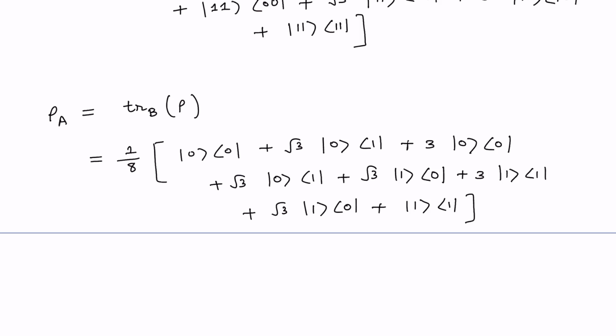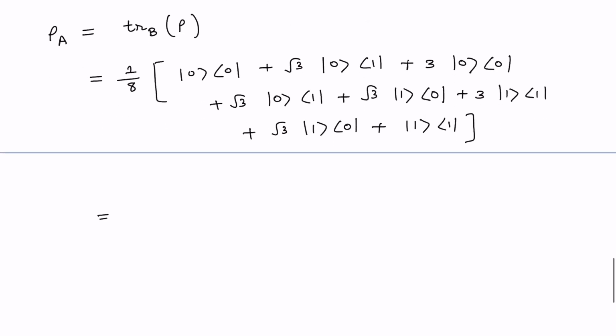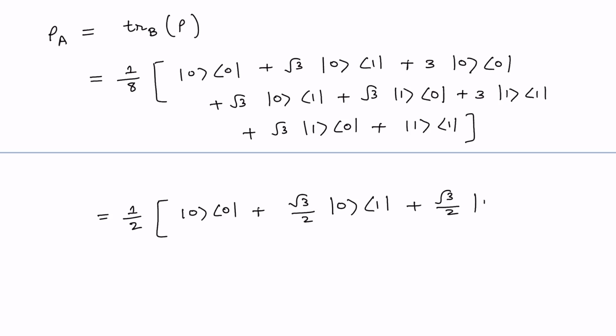So this is what you will have, and if I simplify it, you are going to get 1/2 |0><0| plus root 3 by 2 |0><1| plus root 3 by 2 |1><0|, and finally you will get |1><1|.